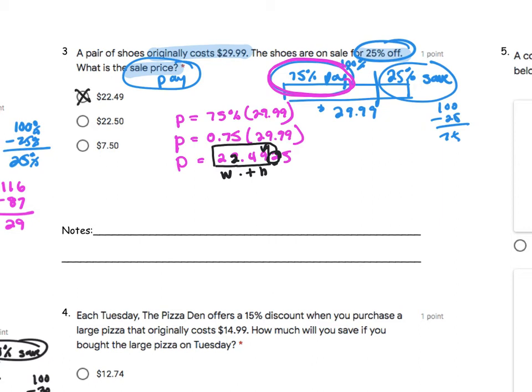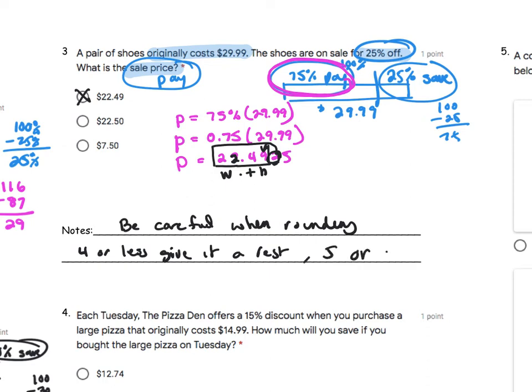Many of you chose 22.50, and I understand why. You're very close, but this 2 tells the 9 to stay. So be careful when rounding and use 4 or less, give it a rest, 5 or more, raise the score.